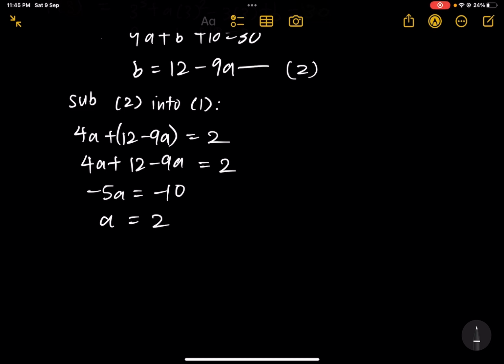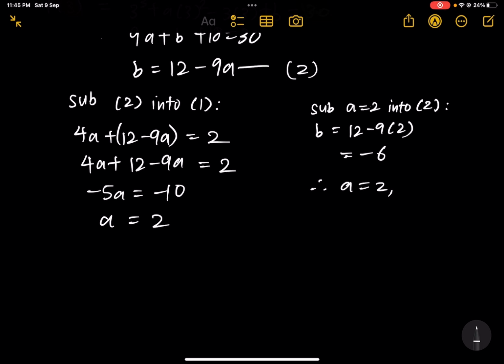Next thing, sub a equals 2 into equation 2. We can find b, and b will be minus 6. So I know my values of a and b. 4 marks.